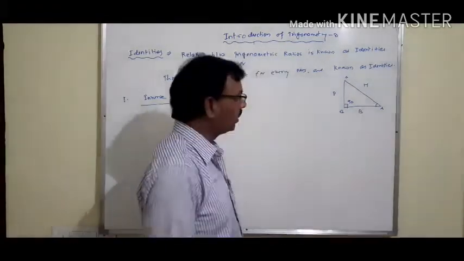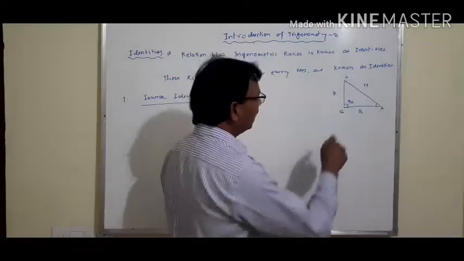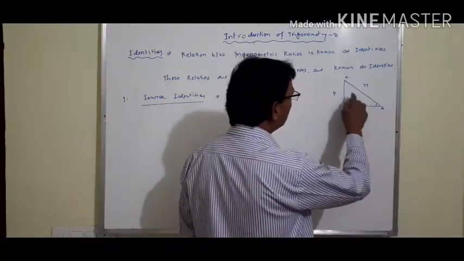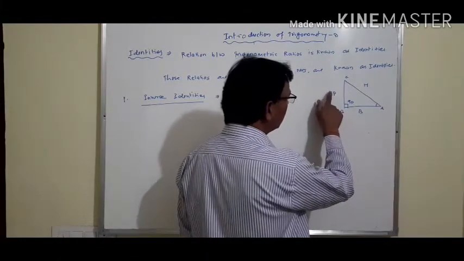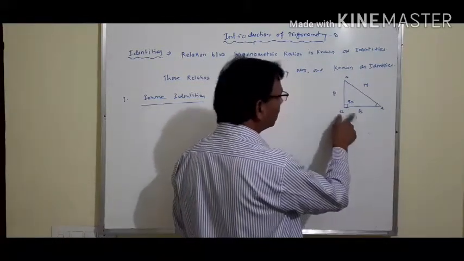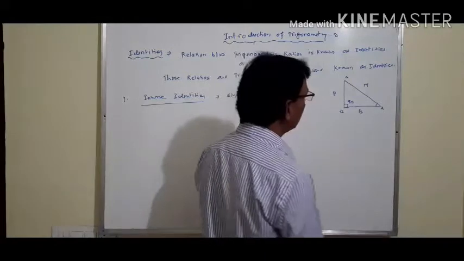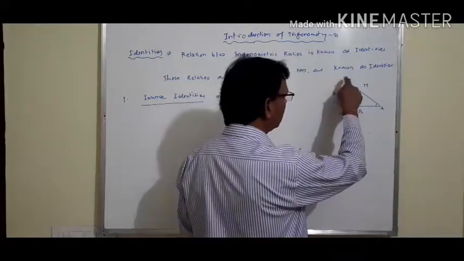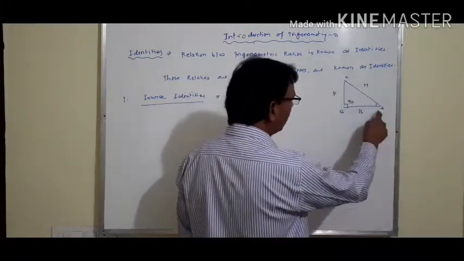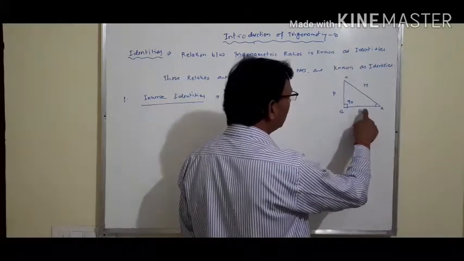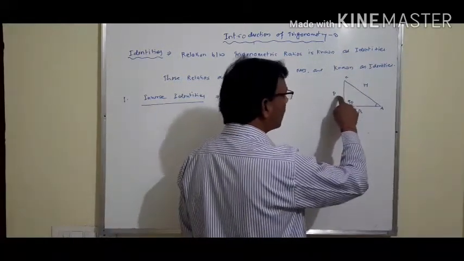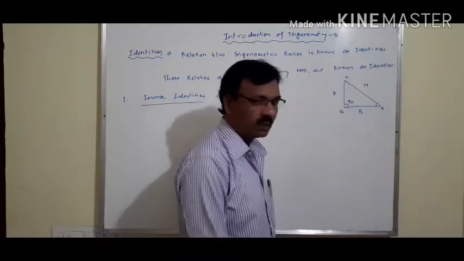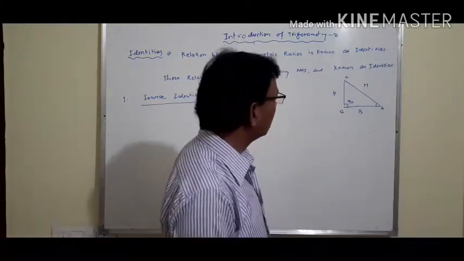One thing you should note: if you observe angle C in place of angle A, then the position of perpendicular and base side will change. For angle C, AB will be perpendicular and BC will be base, but the hypotenuse will always remain the same.